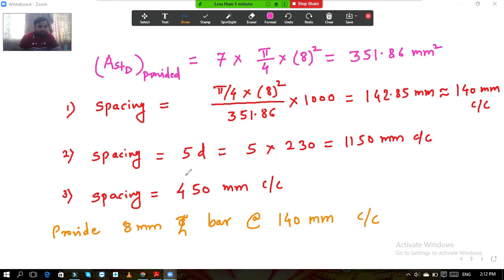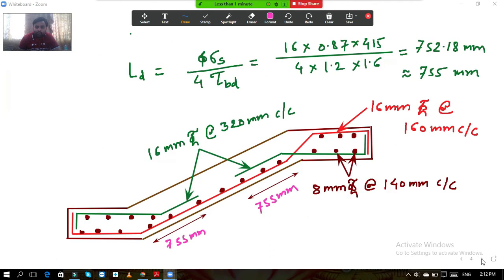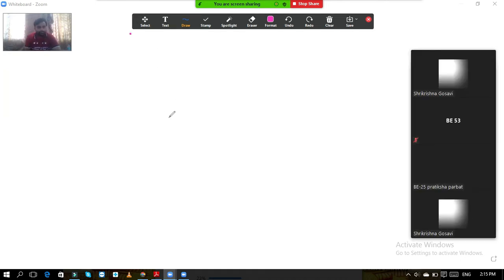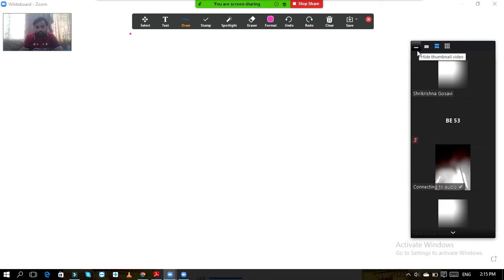Spacing works out to be 140 mm for 8 mm diameter bar, and this is the last diagram, that is your reinforcement diagram. So now moving further, here we will take the next example.